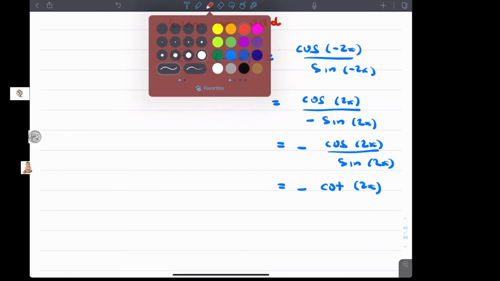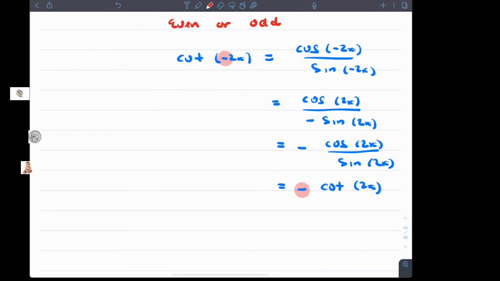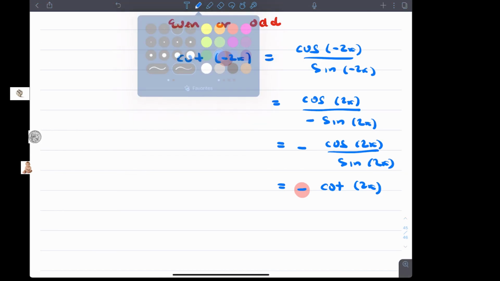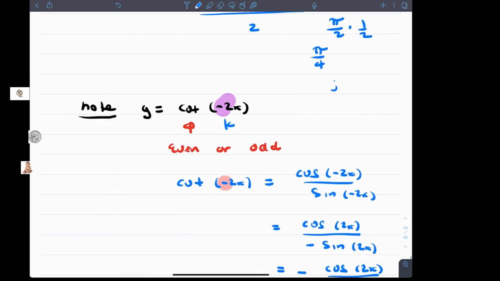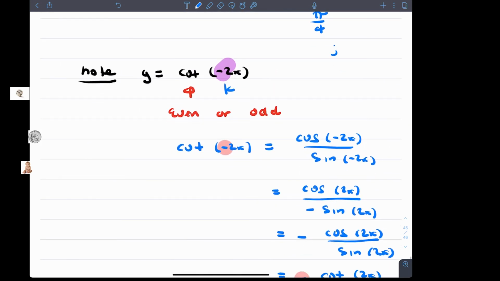So ladies and gentlemen, what does that mean? Cotangent is odd. I can pull this out, and now this is minus cotangent 2x.